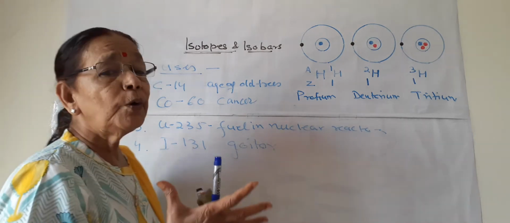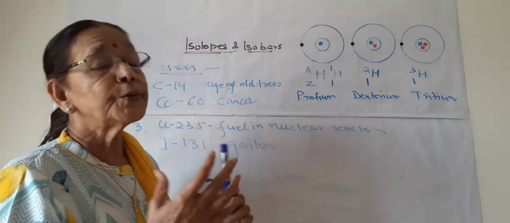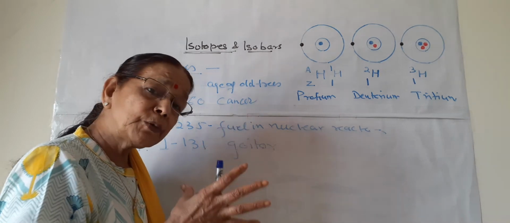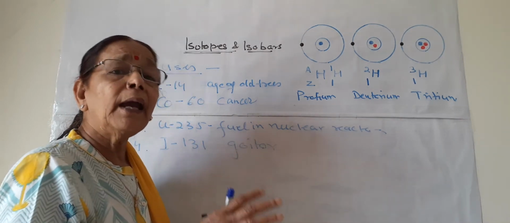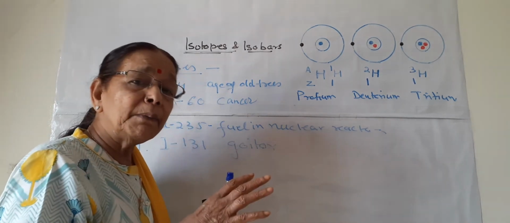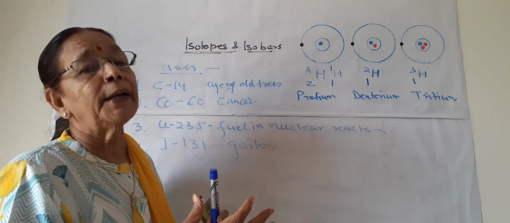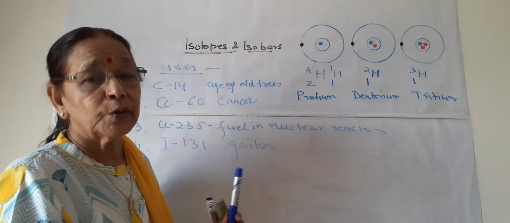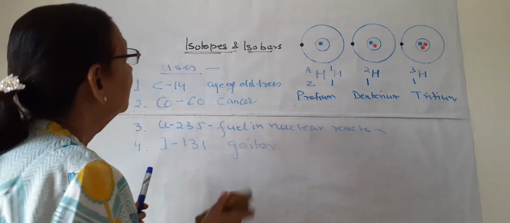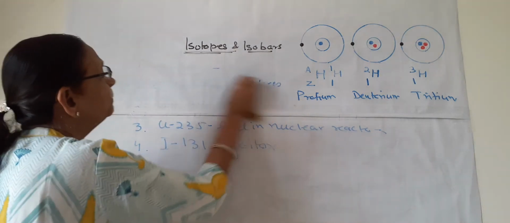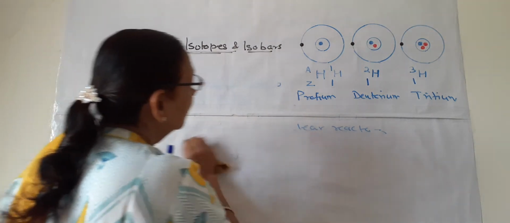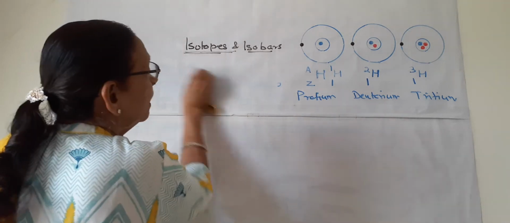So now you know what isotopes are. Isotopes are the atoms of the same element, having the same atomic number but different atomic masses. Now, the second thing, we will see what isobars are.